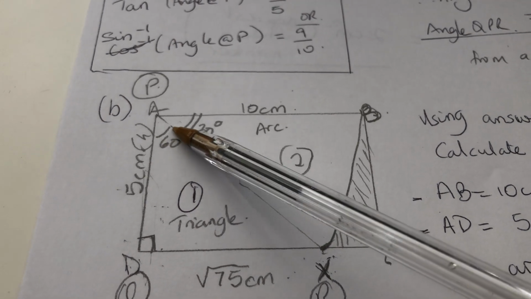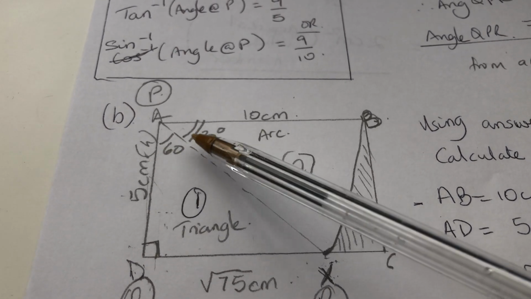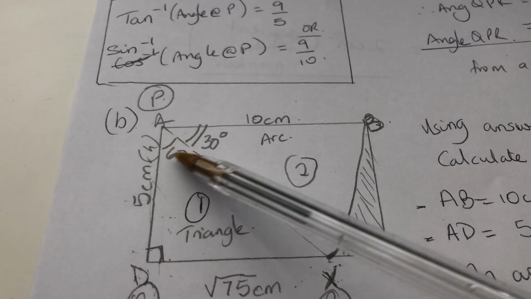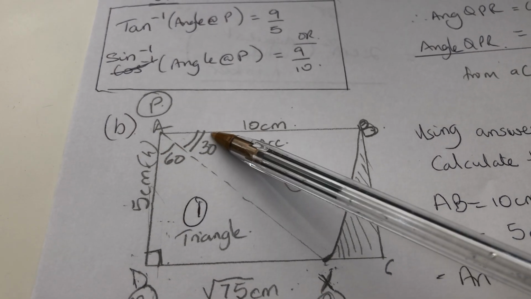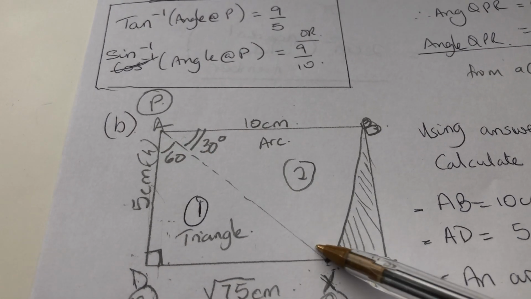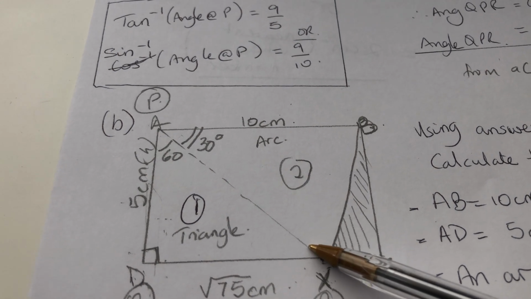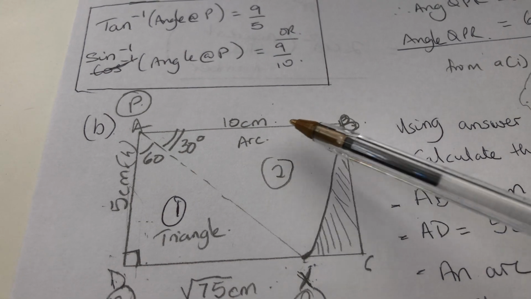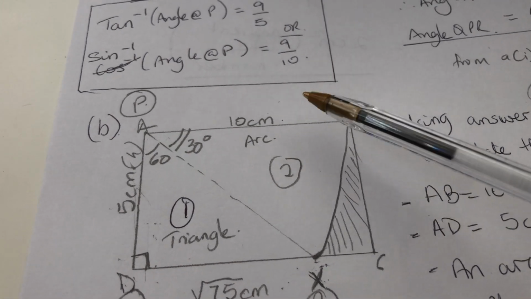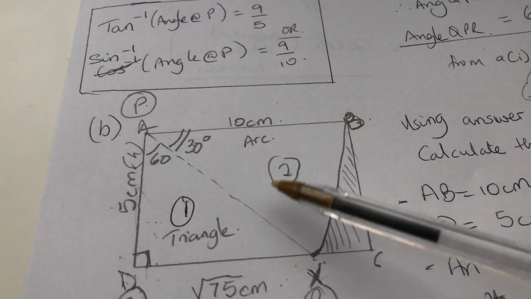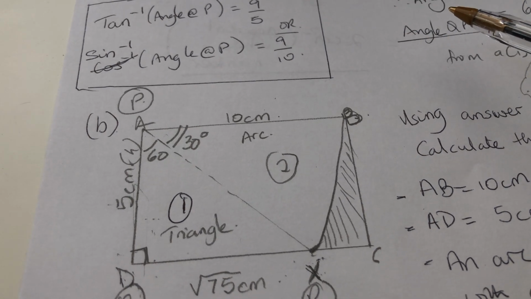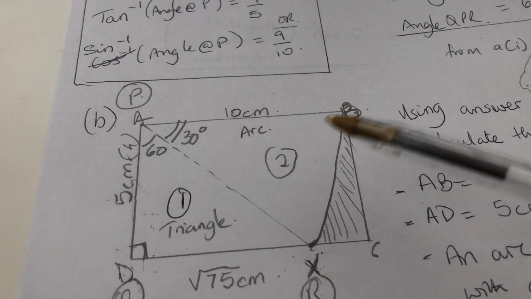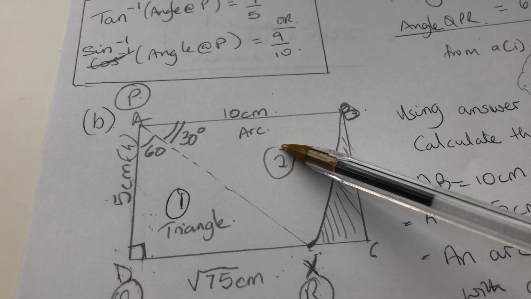And then with the angle you found, this is 90, so this is 30 then, and a radius of 10 centimeters, which you've been given. Then you use the angle, theta over 360, pi r squared, r is your radius, to find this area.